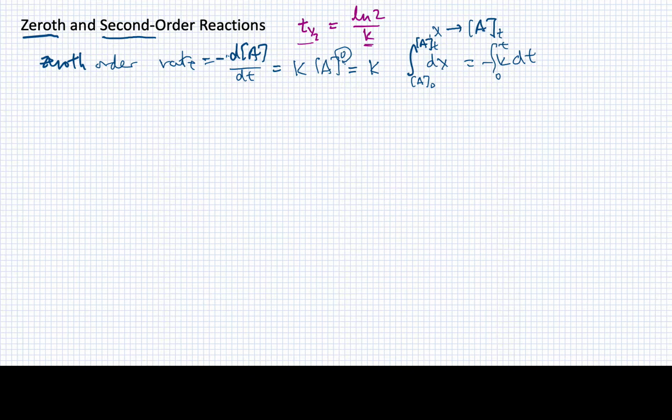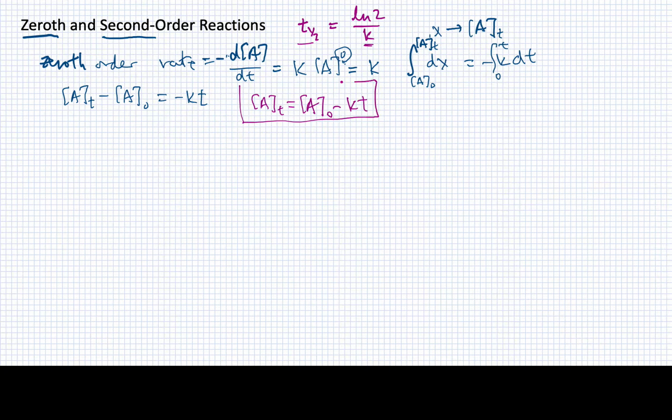So this is perhaps the simplest equation to integrate. We'll have that the difference between the time t value and the 0 value is just equal to minus k times the time. So when we write down the integrated rate law, it comes very simply that A at time t is just its initial value minus kt. And so that is our integrated rate law.